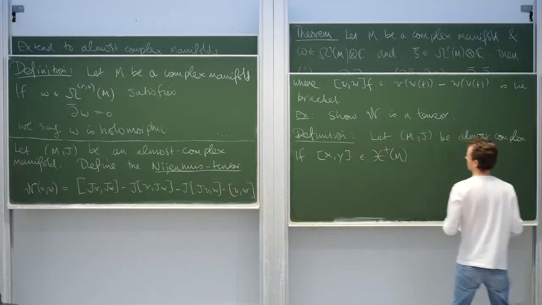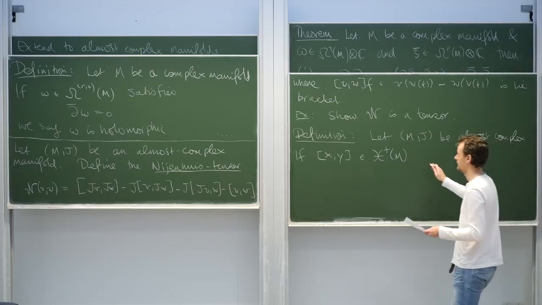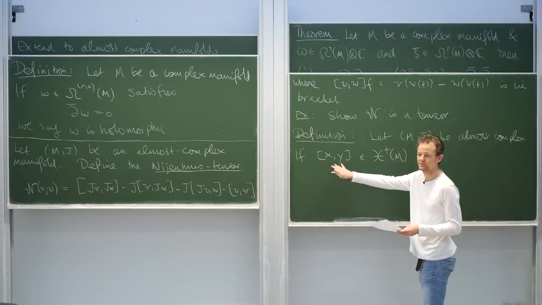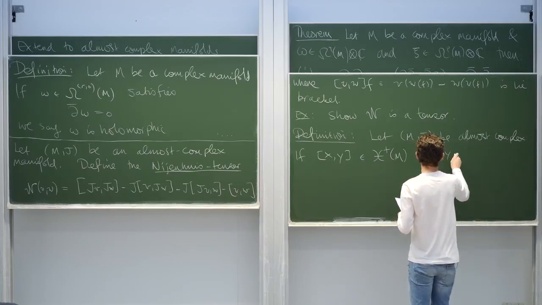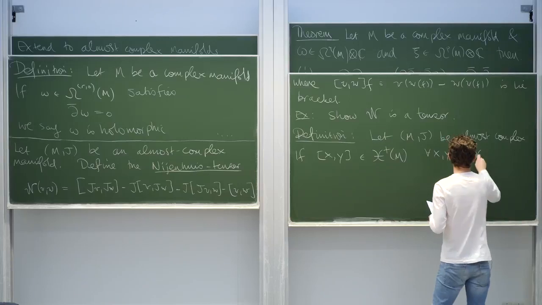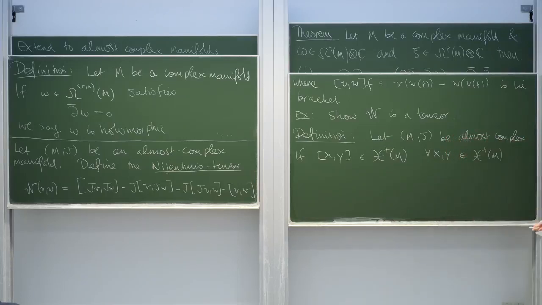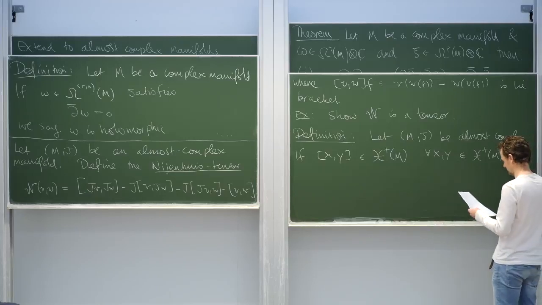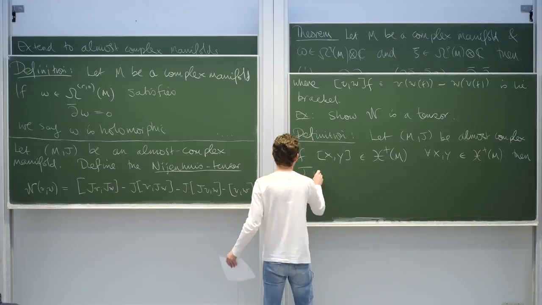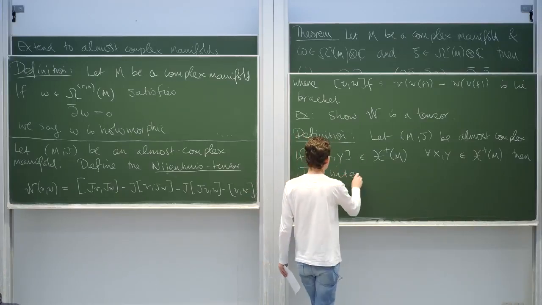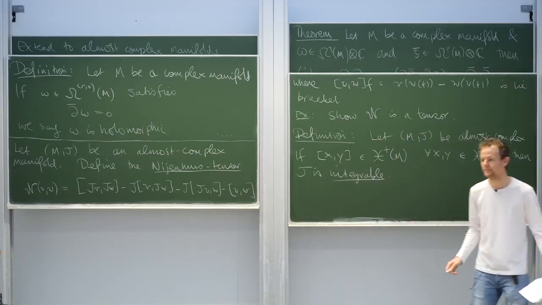So if you have that the Lie bracket of two holomorphic vector fields is always holomorphic, then that looks like a good start to your manifold being an actual complex manifold. And that's actually the notion of integrability here.